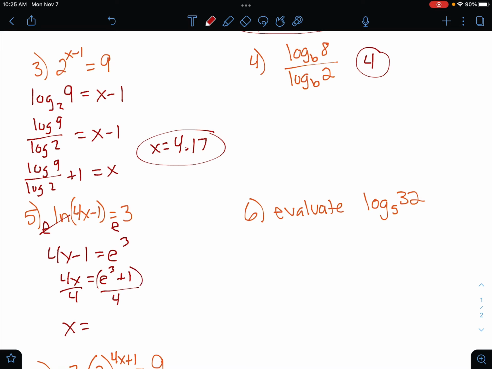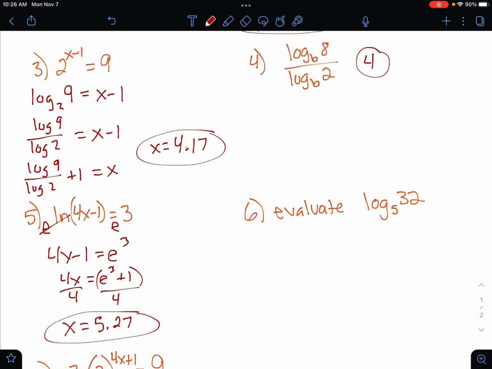Okay, so remember, that whole top has to be in parentheses. You might have to use your second button on this one to get the e. So e to the third plus 1 on top divided by 4, and that should give you approximately 5.27.